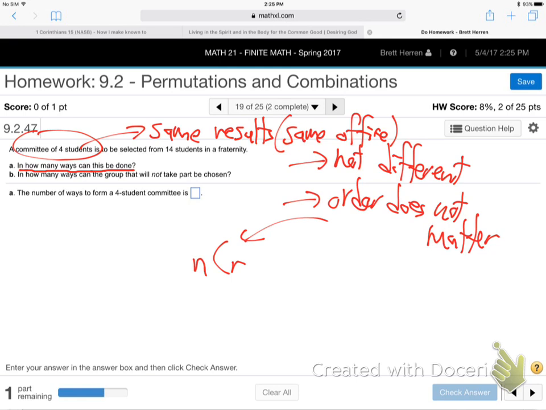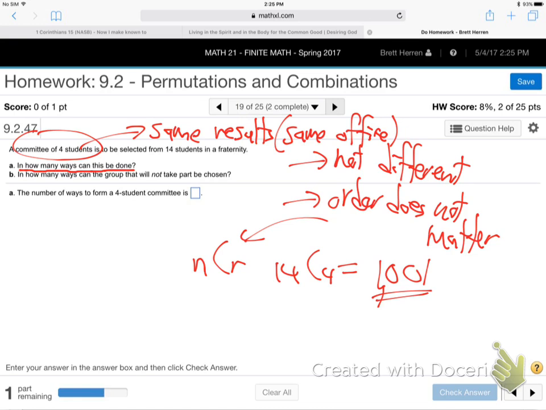But if instead they said president, vice president, secretary, treasurer, then those would be 4 different offices, and we would do P. Order would matter in that case. So 14C4, somebody have that? 1001. That's an interesting number. 1001 different ways to pick 4 people out of the 14 to be on the committee.